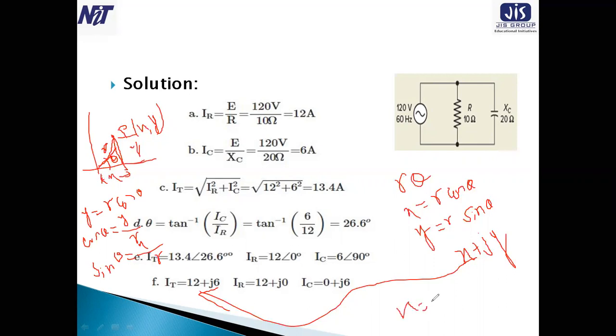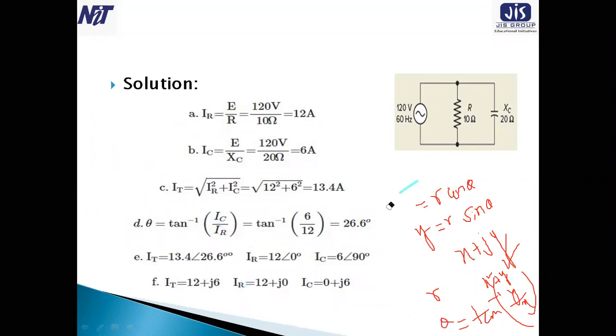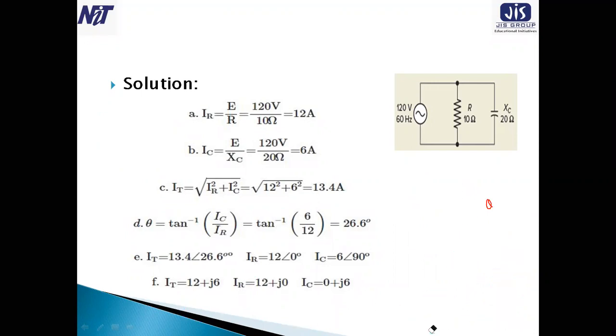If the rectangular form is given, r equals root over x square plus y square, by Pythagoras, and theta equals tan inverse y by x. So this is the method and this is the process. Using this process, we can solve the problem very easily: rectangular to polar and polar to rectangular, r theta to x plus jy and x plus jy to r theta. As per the requirement of the question, we have to solve that way.